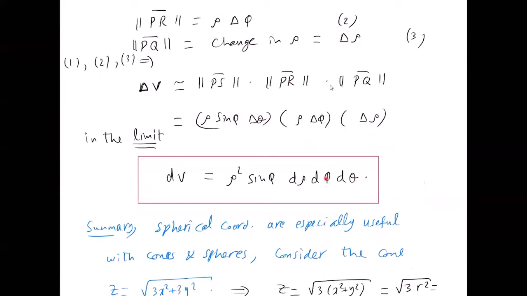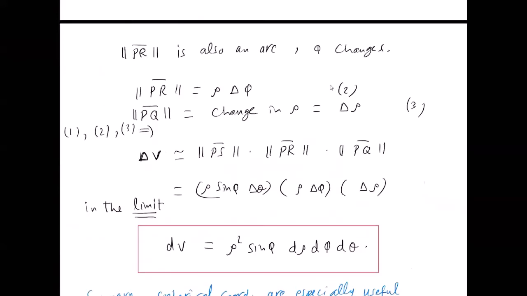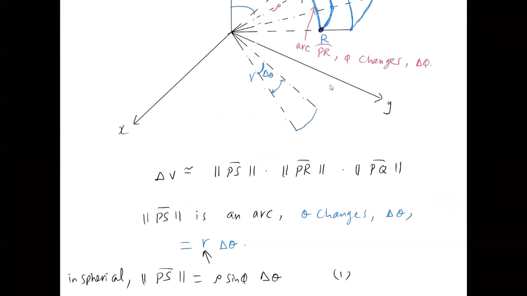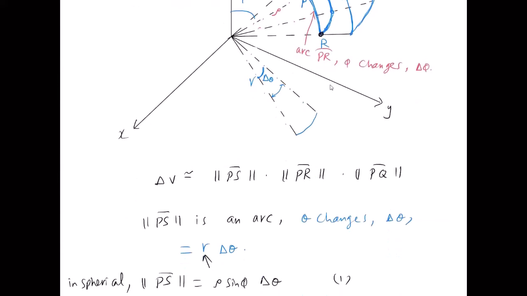Instead of dx dy dz, or r dr d theta dz in cylindrical, in spherical we have this complicated volume element: rho square sine phi d rho d theta d phi, or d phi d theta, same story. Because the change in the angle will produce a change in the arc, as we explained before.